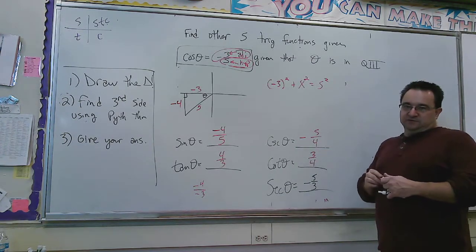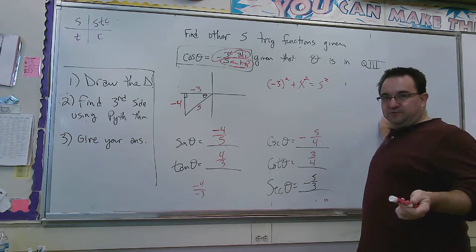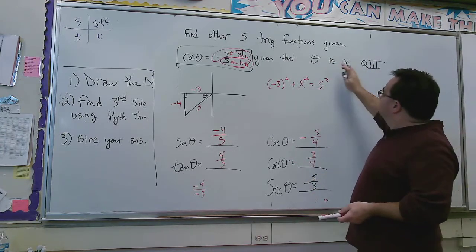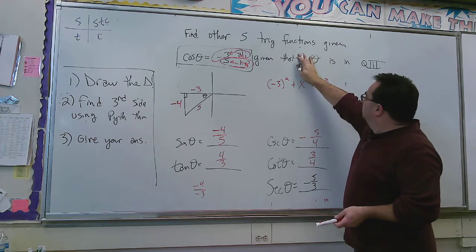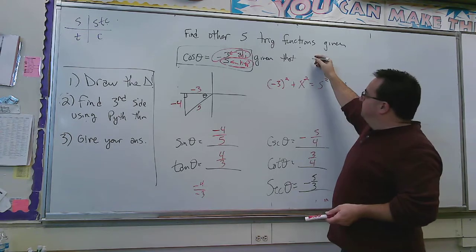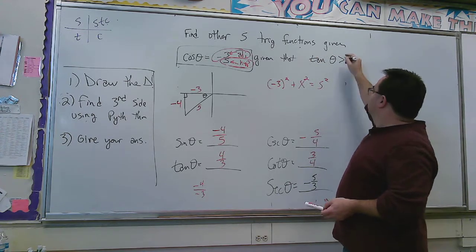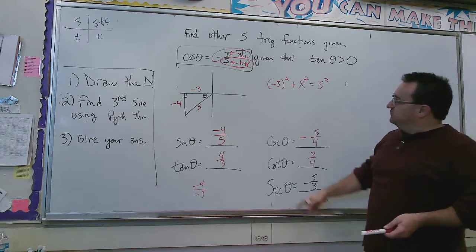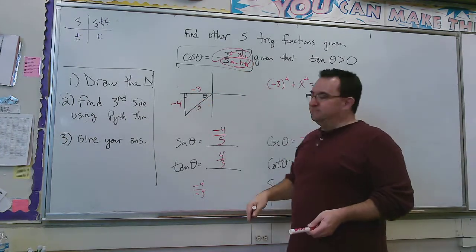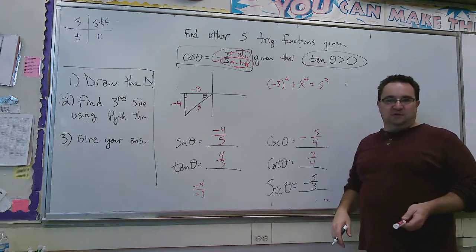All right, so there's a couple more problems. I'll just warn you, see how this is given? A couple of problems do something like this. Instead of saying this, they'll say this. So this is exactly the same, but now they told me tangent theta is greater than 0.